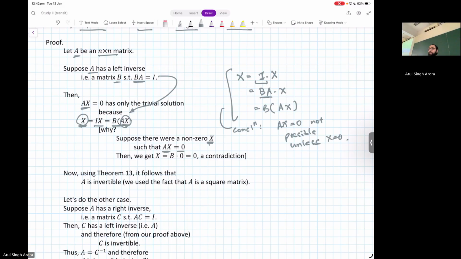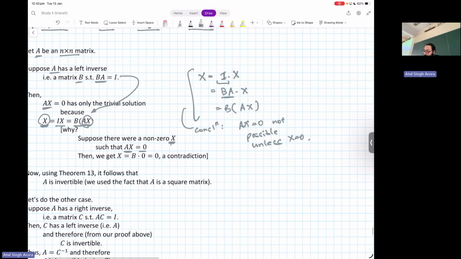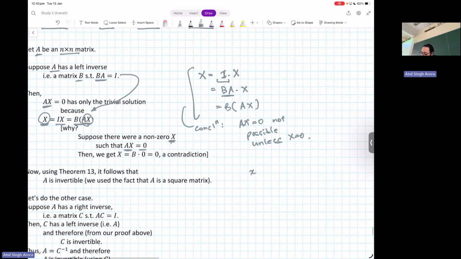Okay. And the reason is sort of similar, right? Like you can just think of regular algebra, right? So if you have x equal to little a times x, right? The only way you can satisfy it is if x is 0, right? So it's a very similar argument. Here what it's saying is that suppose that x is not equal to 0 and AX equal to 0. Okay.